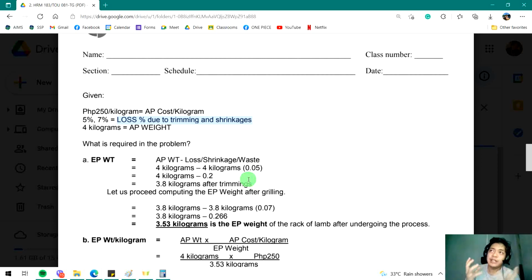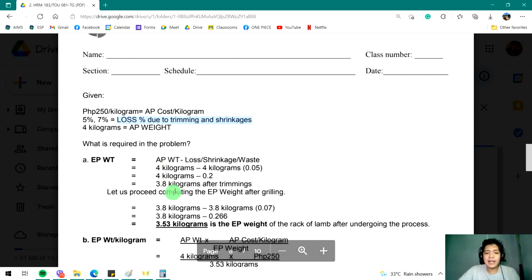So after having that standardized recipe, meron tayong of course yung AP weight natin or yung as purchase weight before every process has been done. And then we have the total yield, 'di ba? Doon sa ating recipe standardization after all of the process, meron doon yung total yield niya. Total yield, we can also call it as EP weight.